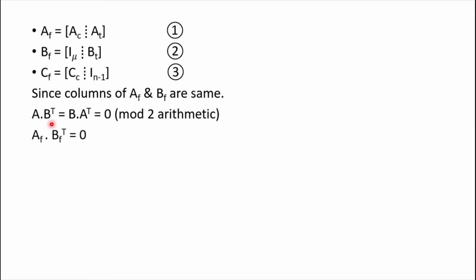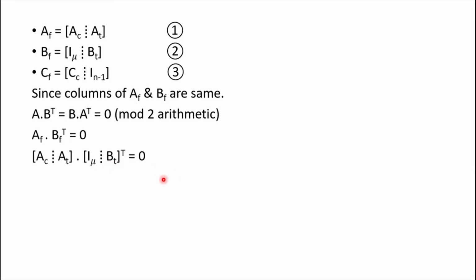So when we apply it to the reduced incidence matrix and the fundamental circuit matrix, we get that AF·BF^T is equal to 0. When we substitute the values of AF and BF from equations 1 and 2, we get [AC AT]·[I_mu BT]^T.